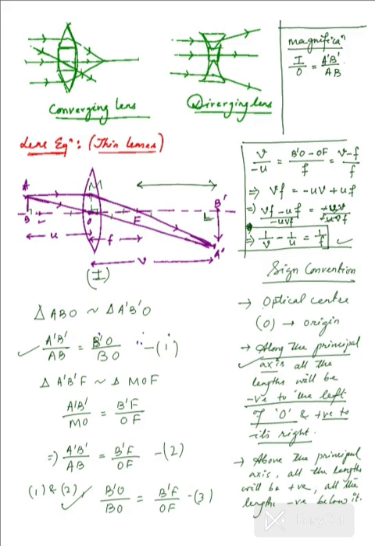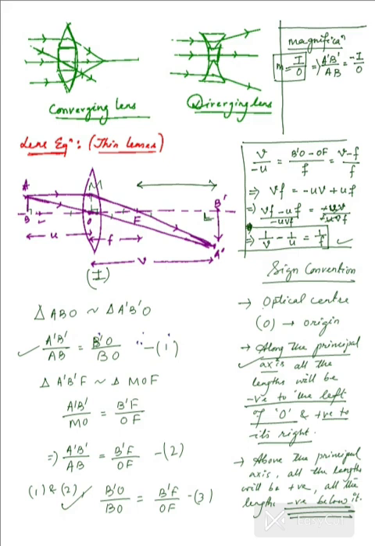But the problem is that it's not completely I over O. If you observe this, if this is the definition of magnification, here we have A'B' over AB equal to minus I over O. Why minus? Because it's lying below the principal axis, that is the negative y-axis.